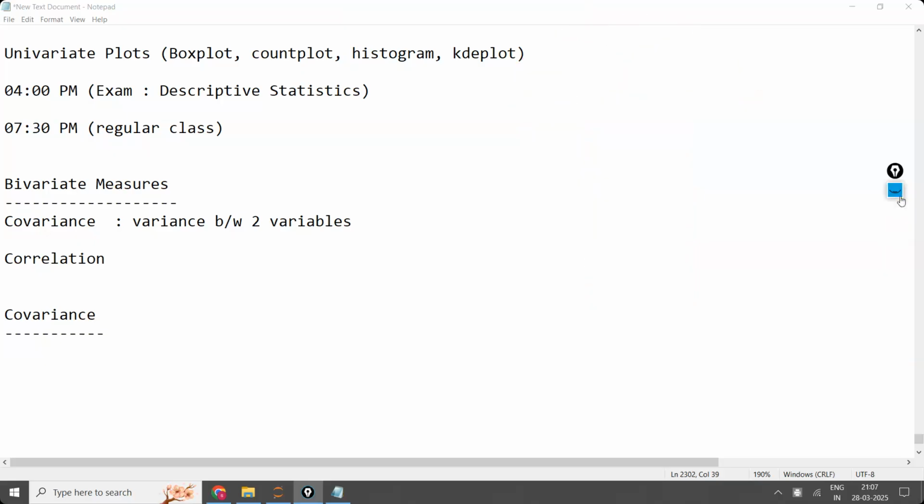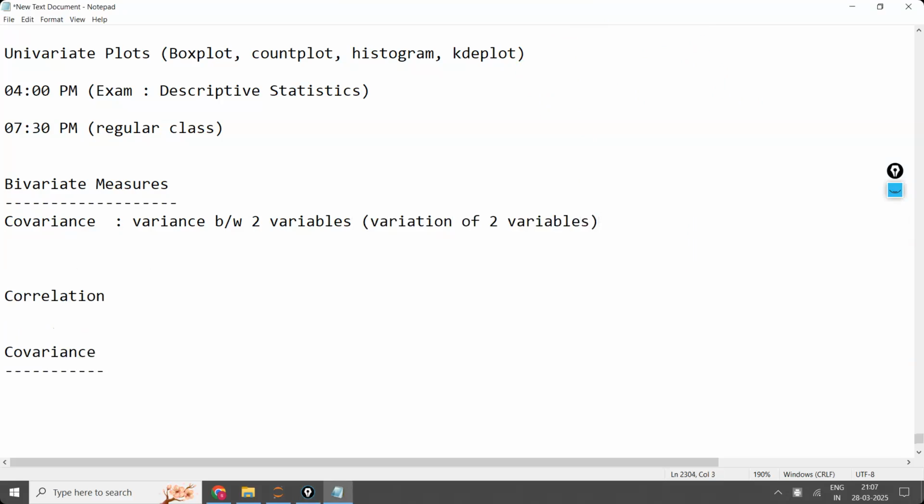Variation of two variables is called as covariance. Second, covariance value: if covariance is negative, what is the meaning of that? As x increases, y decreases.